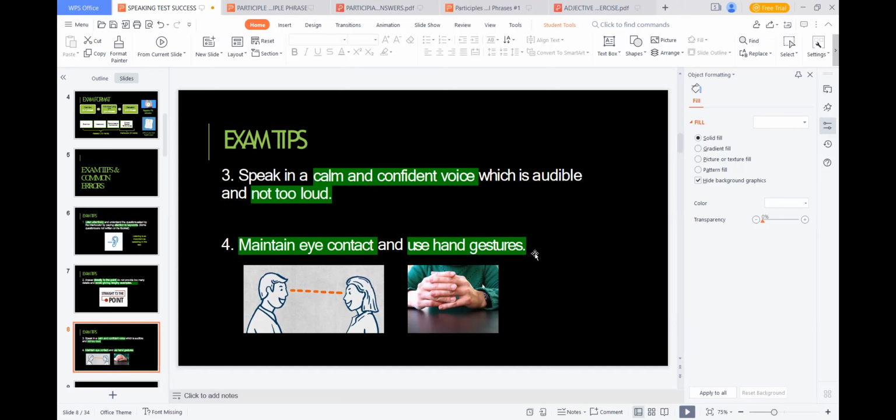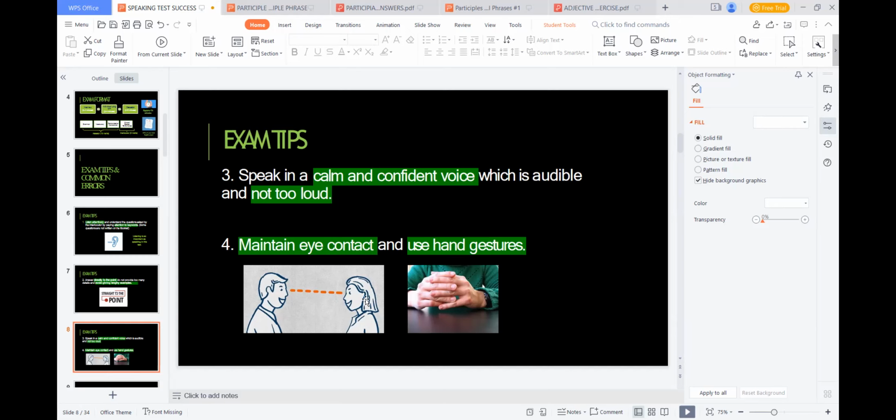So maintain eye contact. I have a student who actually comes from a weaker class. In class she usually showed timidity, she had problems in speaking and also in social interaction. She had problems interacting with other people. So I told her, you have to change yourself.